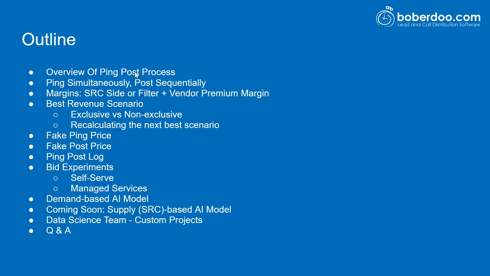So as we go through this, when we talk about ping post, that is the process of a lead seller sending partial information to a lead buyer, giving them the opportunity to dynamically bid on that lead or to not bid on that lead at all. We still have a couple people coming in here, so bear with me.